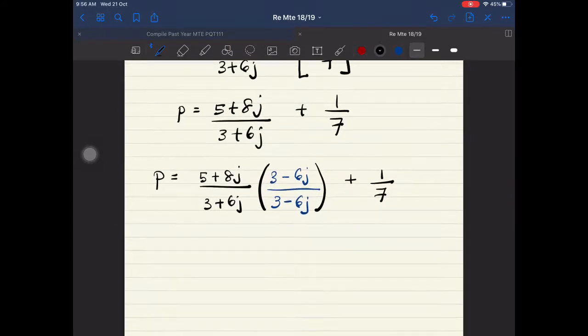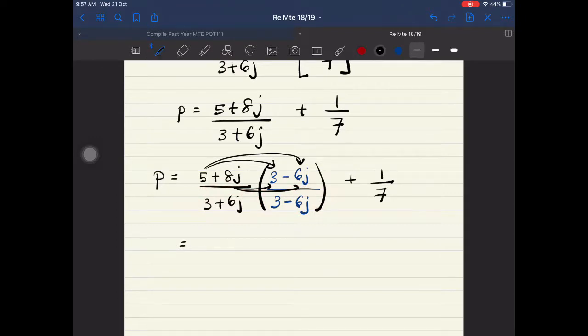Okay, so now simplify this one. You will have, so this one multiplied by this one and also this one. So same goes for the denominator part.